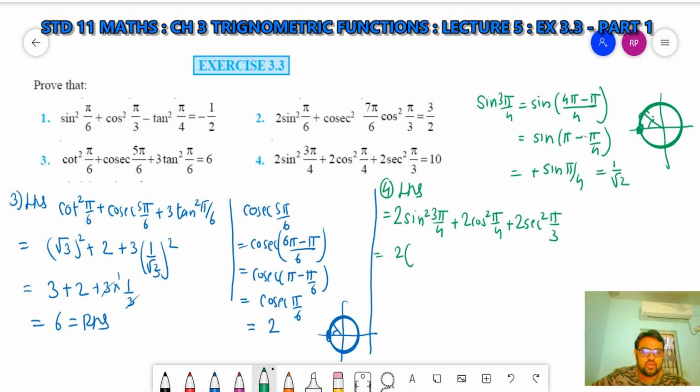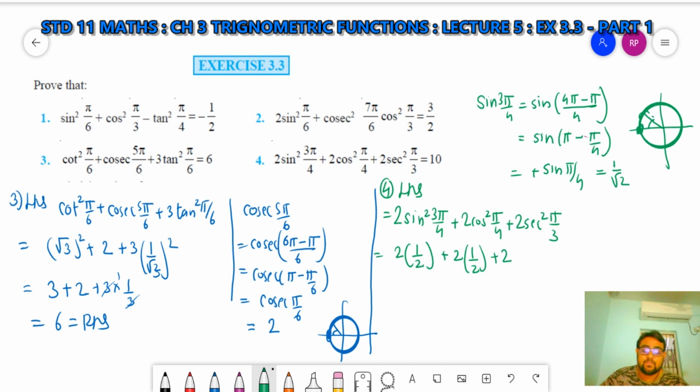So 2 into 1 by root 2 square, I'll write it directly, it's 1 by 2. Plus 2 cos square pi by 4, 1 by root 2 squared, so 1 by 2, plus 2 sec square pi by 3. Sec square pi by 3 is equal to sec pi by 3 squared.